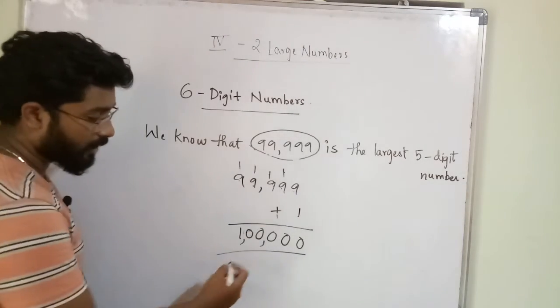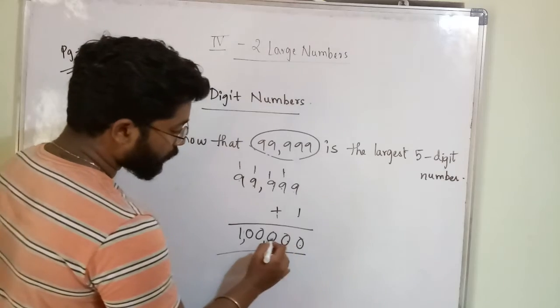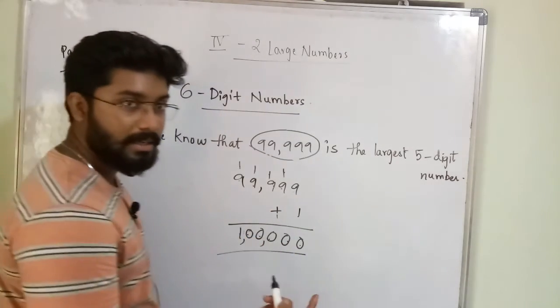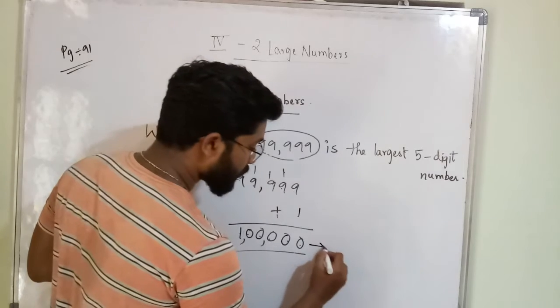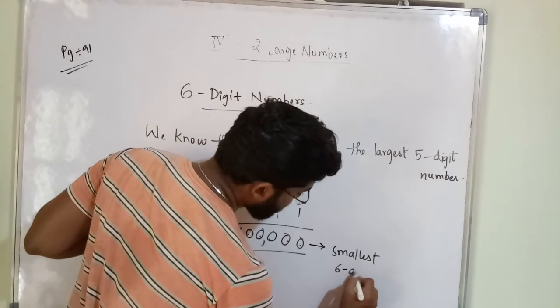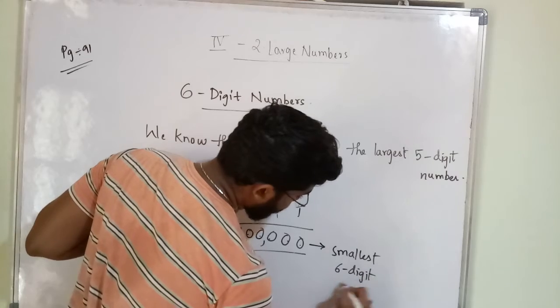So from 1 lakh, how many digits are there? 1, 2, 3, 4, 5, 6. From 1 lakh, 6-digit numbers are starting. So this is the smallest 6-digit number.